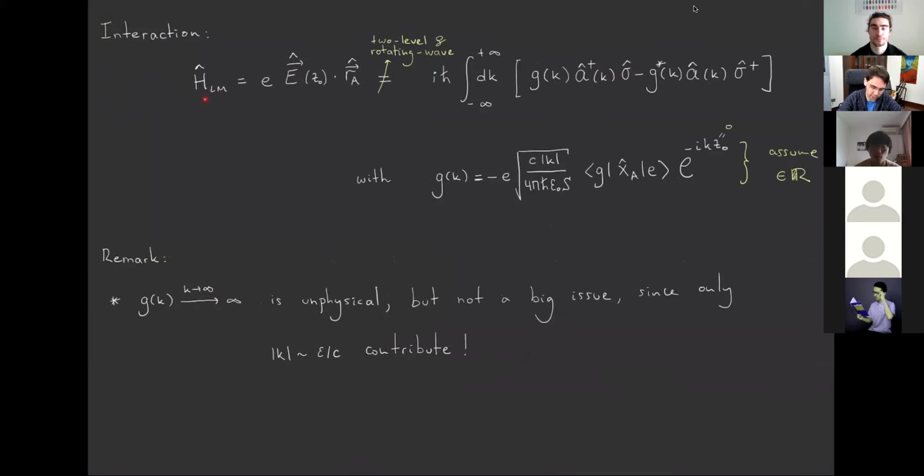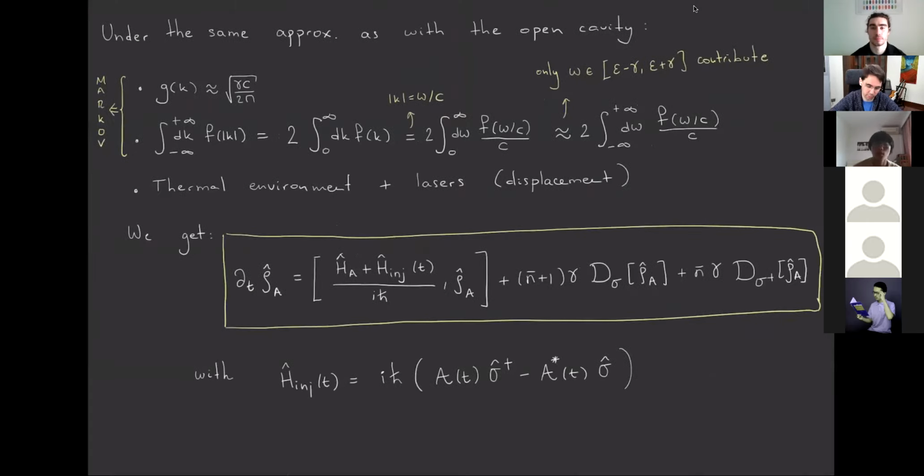And then we have an interaction, which we wrote in this way. Now we simply proceed in the Schrodinger picture to find a master equation for the atomic system only, a reduced master equation.